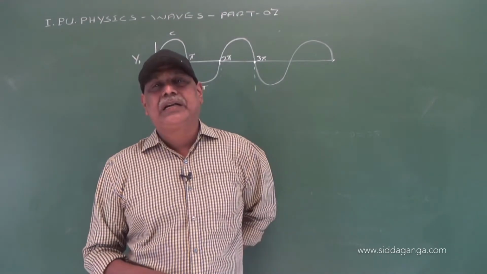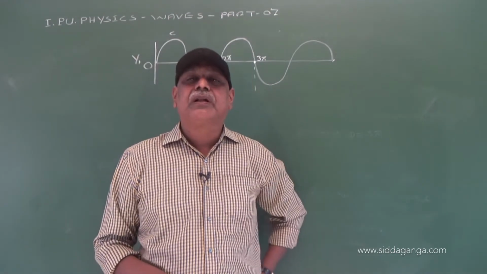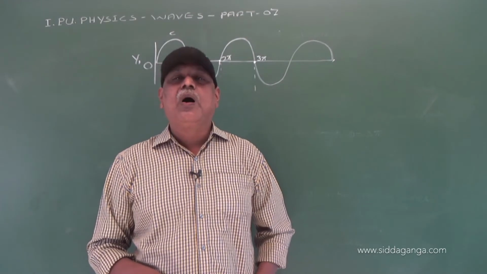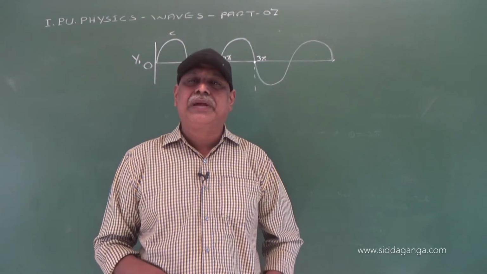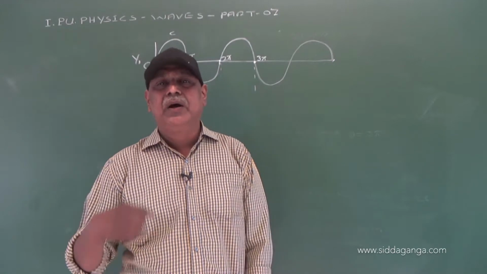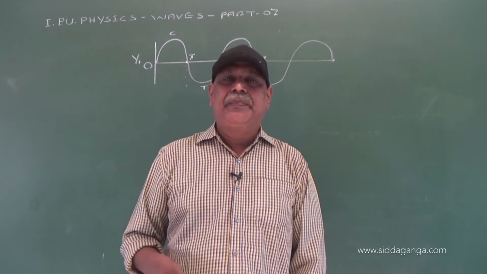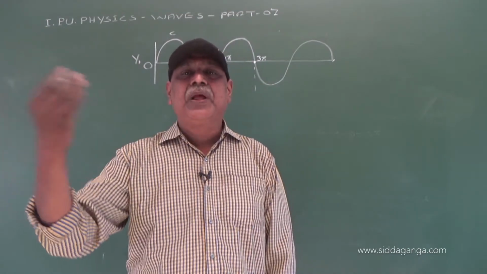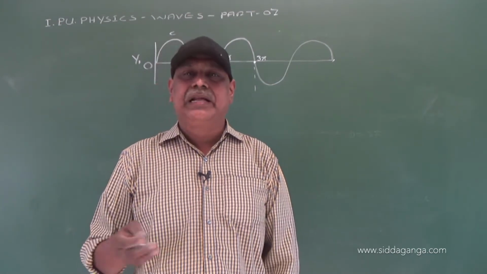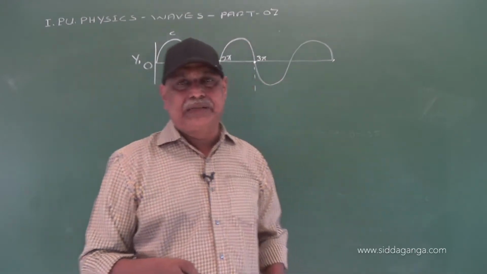This is the result of the superposition of two waves. When two or more waves traveling through a medium are superposed on one another, then in the propagating medium the energy will be more at certain points and less at certain points.